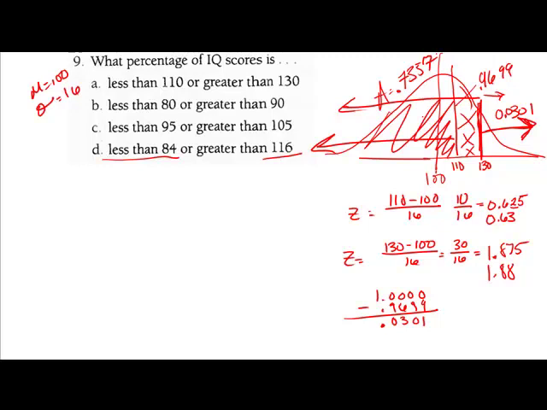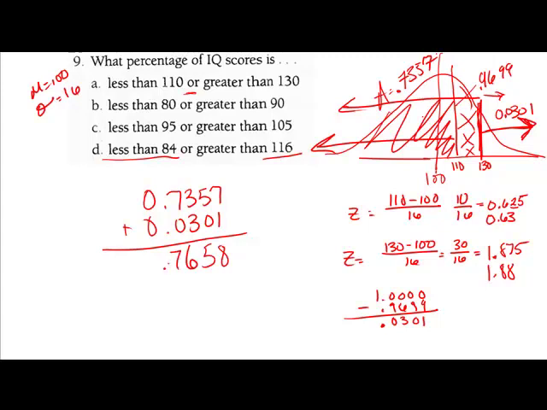Okay, now last thing, before we move to the next one, what percentage is less than or greater than? So what I'm actually going to do is add these two numbers together. It asks for it as a percentage. So what percentage of IQ scores is less than 110 and greater than 130? 76.58%.